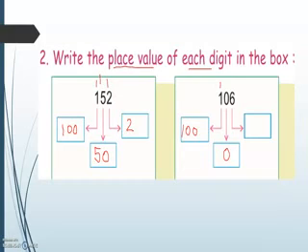Now look at 6. 6 is at the 1's place. So the place value of 6 is 6 ones, or we can write it like that, 6. Understood? So this is how we can write the place value of each digit of a number.